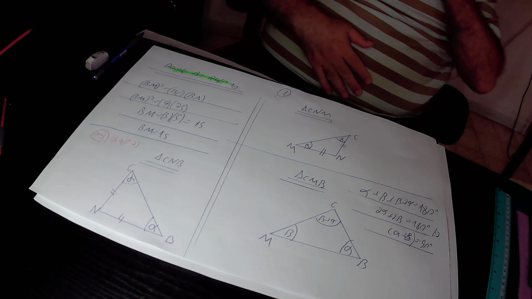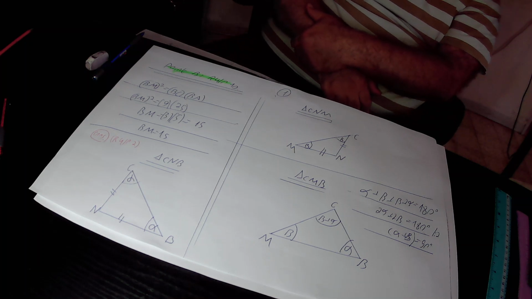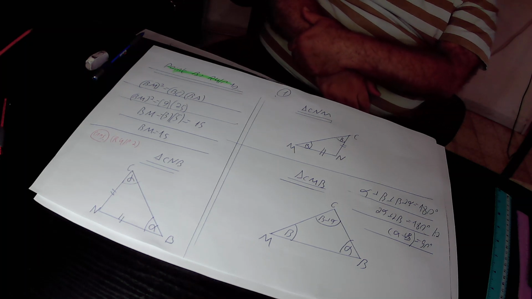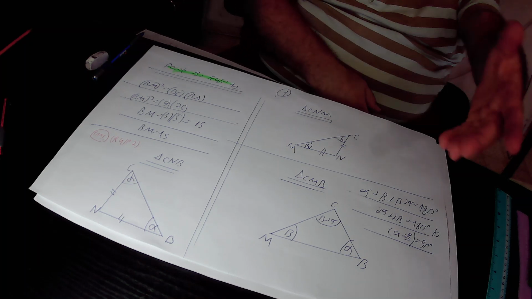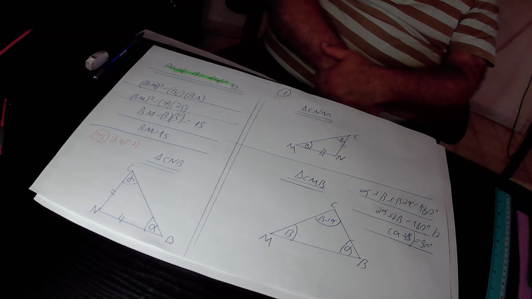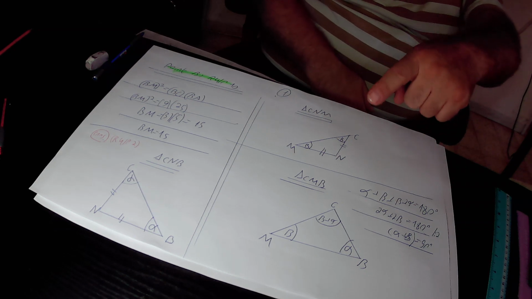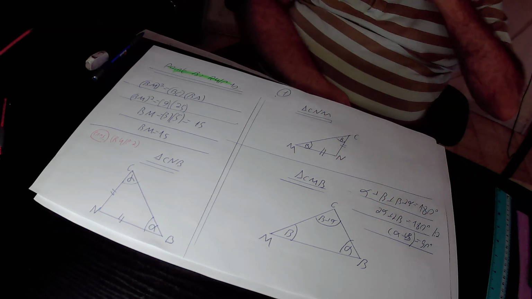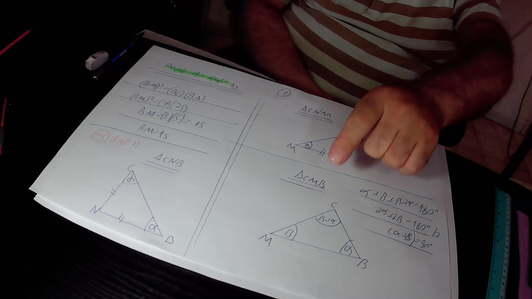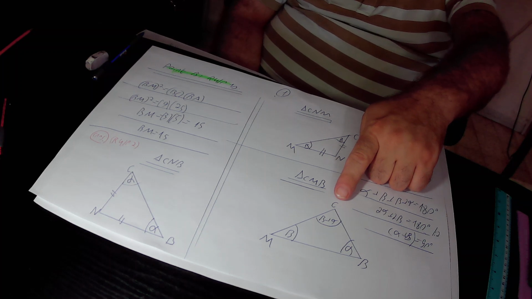According to the rule that says that the sum of the angles in any triangle is equal to 180 degrees, the sum of the angles in this triangle CMB must also be equal to 180 degrees. So which angles do we have in triangle CBM? We have this angle that is alpha, plus this angle that is beta, plus the big angle that is beta plus alpha.